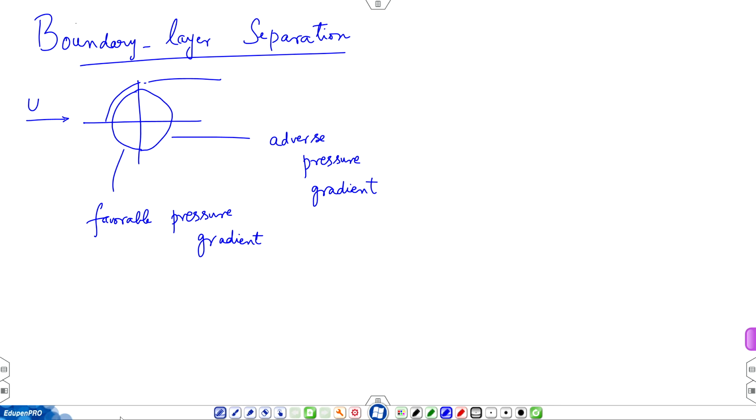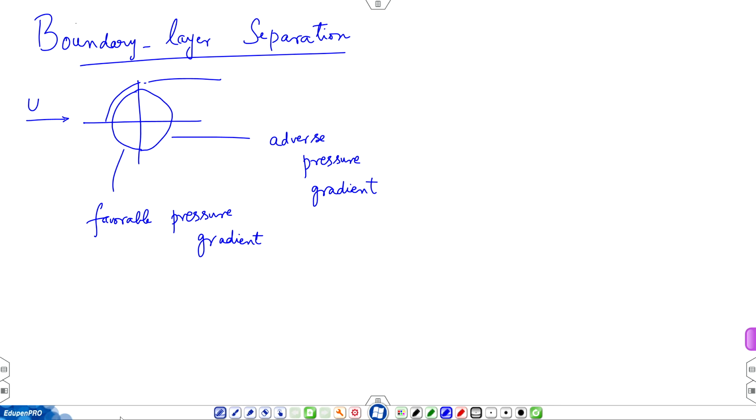So, we have studied that the boundary layer stays close to the solid surface as long as the pressure gradient is favorable, and will detach from the surface when it becomes adverse.